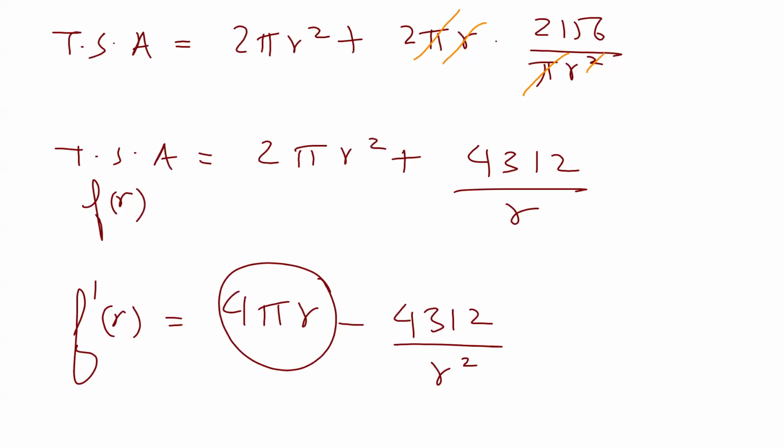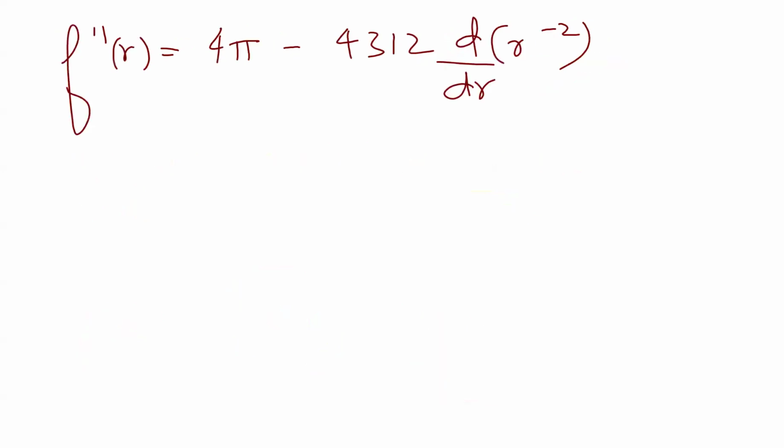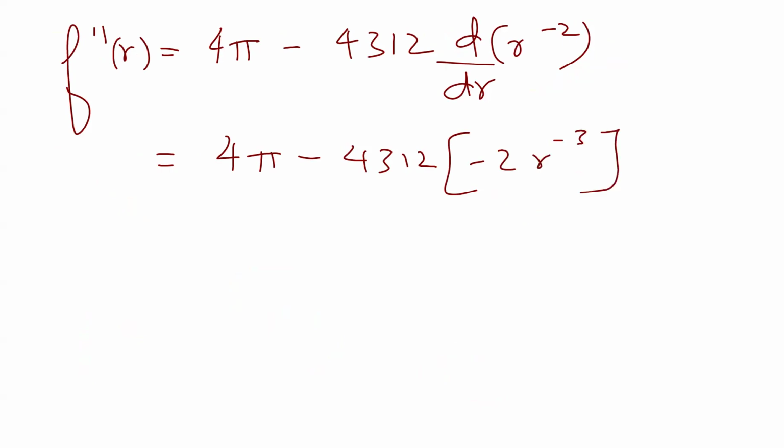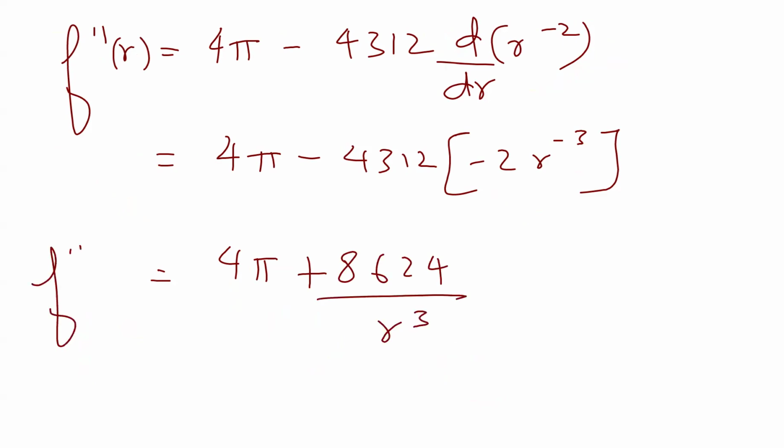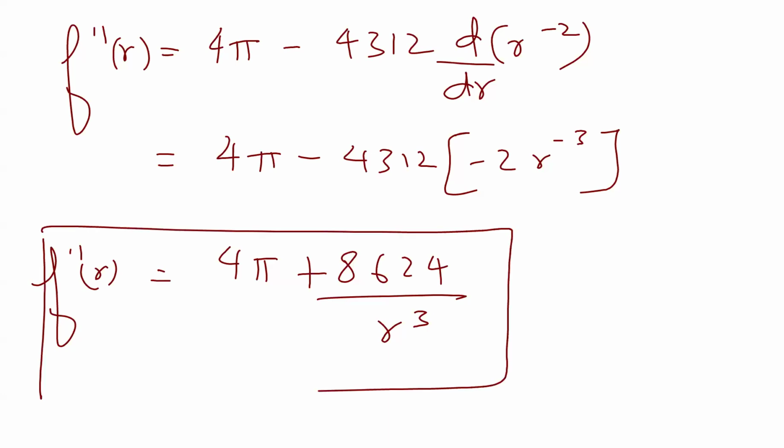If we have to differentiate r square which is in the denominator, first we have to take it up as per the indices, and then differentiate. So 4 pi minus 4312 into minus 2 r raised to minus 2 minus 1, that is minus 3. What is 4312 into 2? 8624 upon r cube. This is f double dash r.